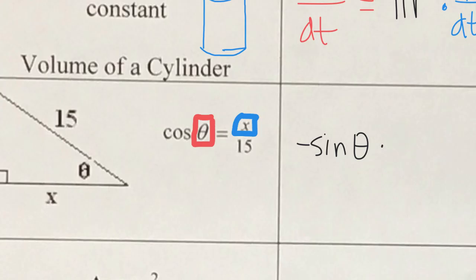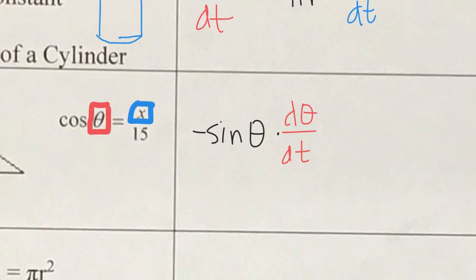Times d theta dt, right? Theta is your variable. Sine is not your variable. That's your function. Theta is your variable. So we multiply negative sine times d theta dt. Now, how do you want to tackle x over 15? Right? What is constant and what is changing?